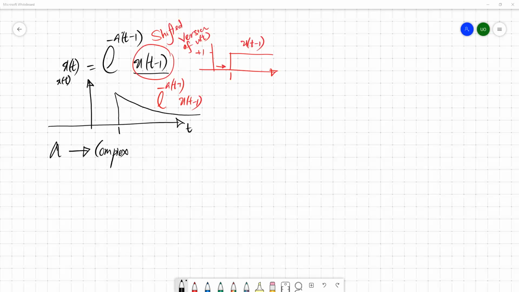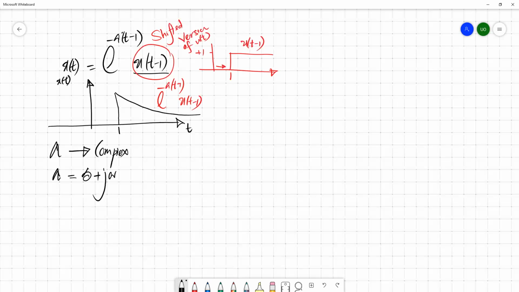If a is a complex number, we can model it like this.